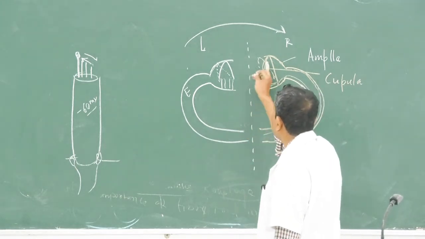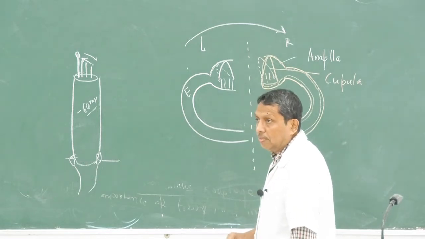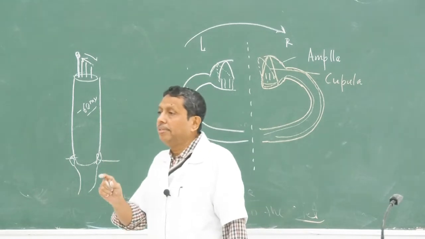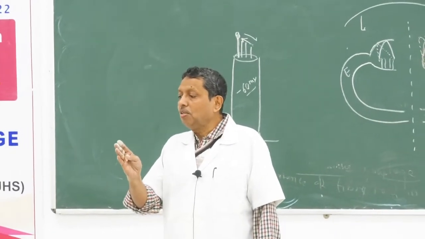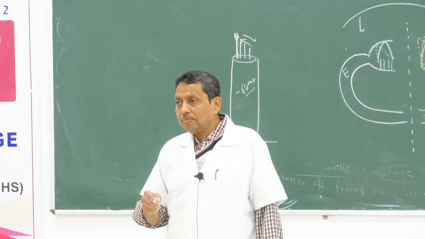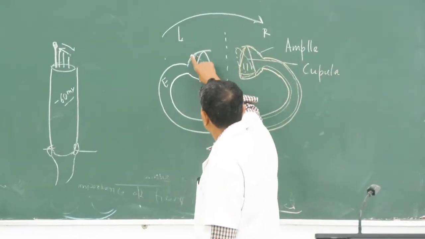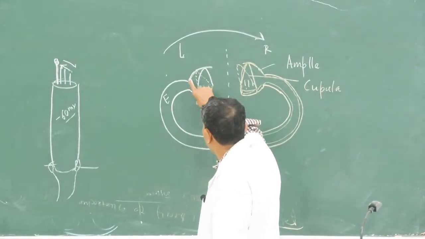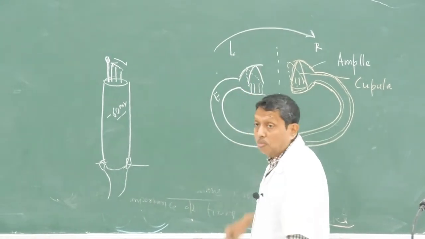One is towards the midline, or towards the ampulla. This cupula is a partition, and it will move along with the fluid. Whenever the movement is in this direction, the solid wall will at once move, but due to inertia the fluid will not move.